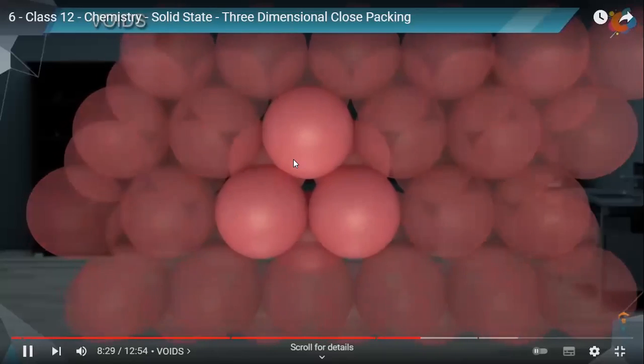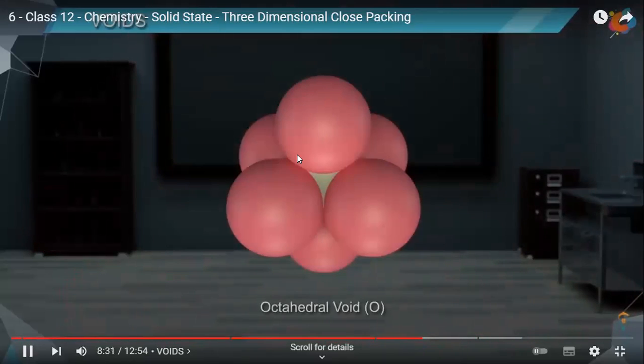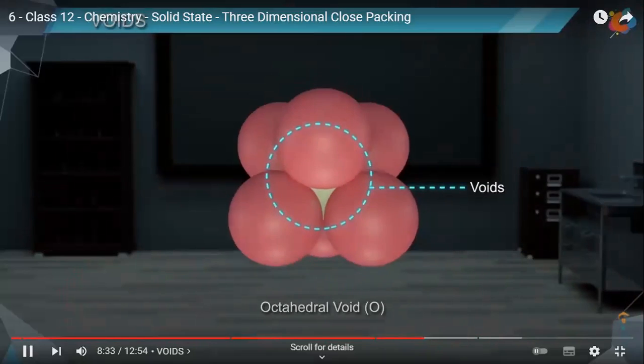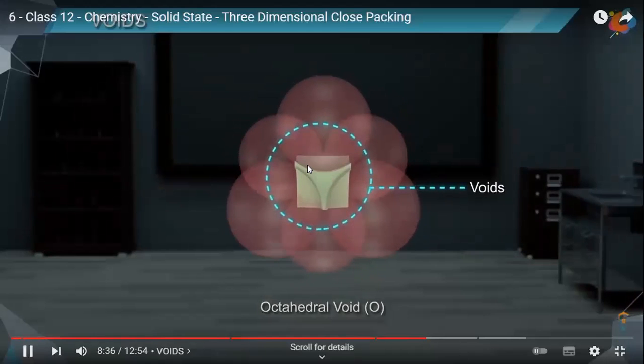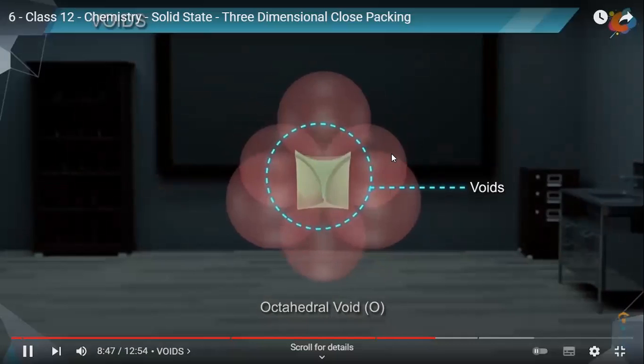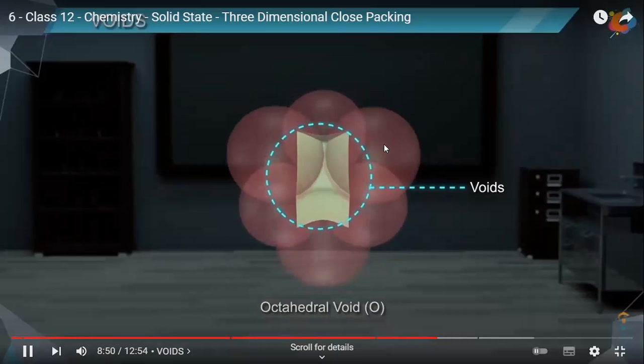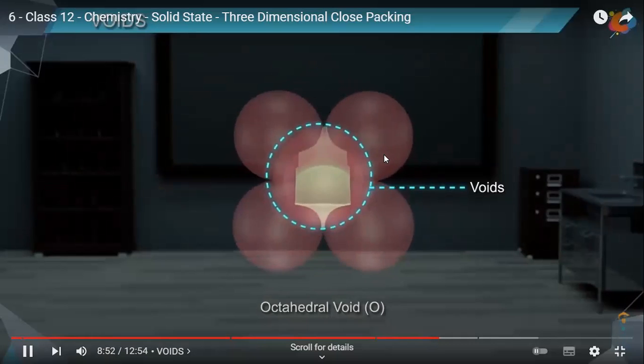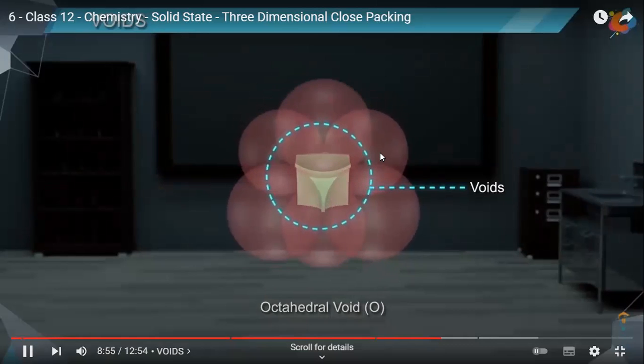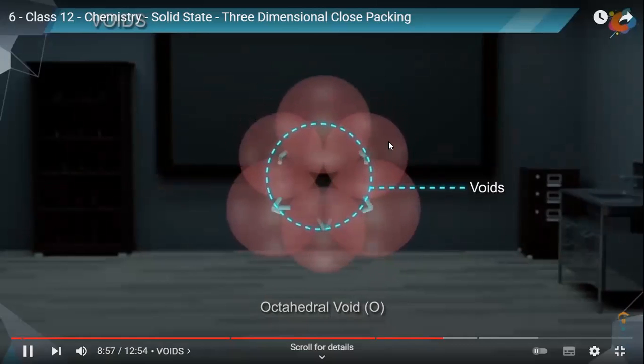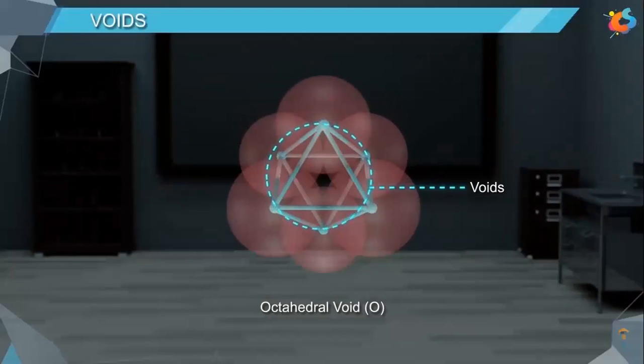While at other places, the triangular voids of the first layer coincide with the triangular voids of the second layer, such that their triangular shapes do not overlap. At such places, another type of void is formed, known as octahedral void, O, since an octahedron is formed by joining the centers of the six surrounding spheres.